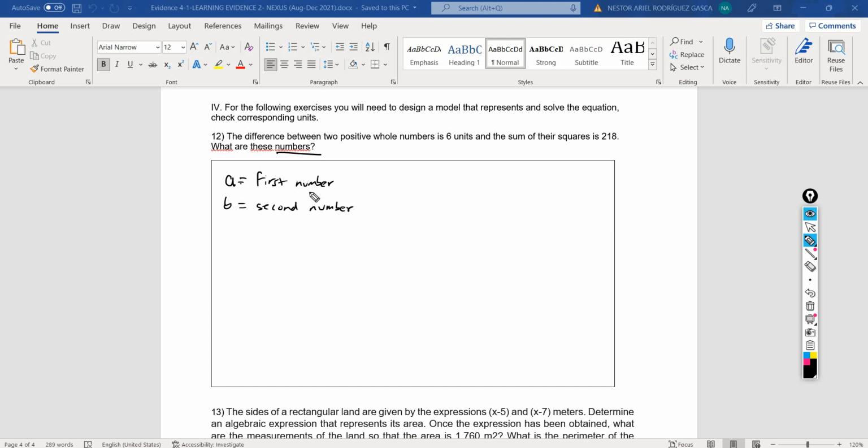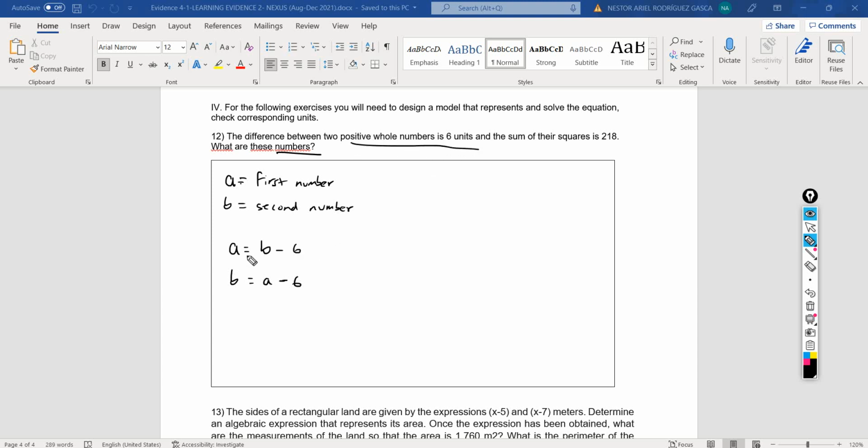Okay, I'm defining my variables, and then they tell me the difference between these two numbers is 6 units. That can either mean that A equals B minus 6, or that B equals A minus 6, right? Both of these things are saying the same thing, guys.